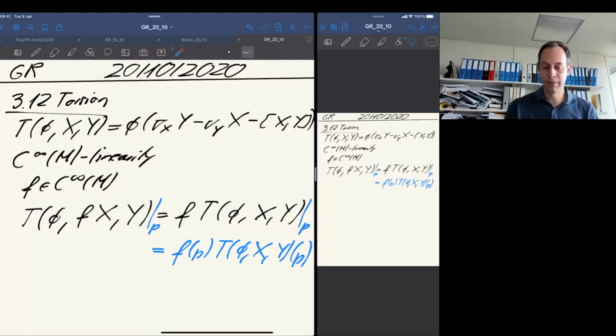So I clearly have C infinity linearity in the first argument. Now in the second argument, it means exactly what I've written here without the blue part. So that's what we want to prove. So let me do a little proof of that.